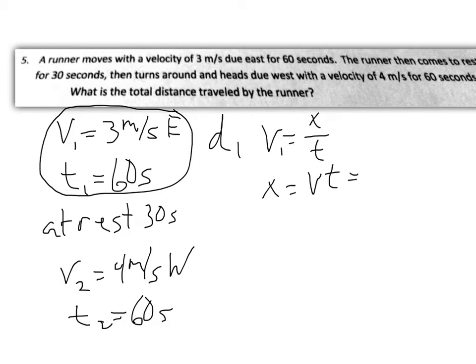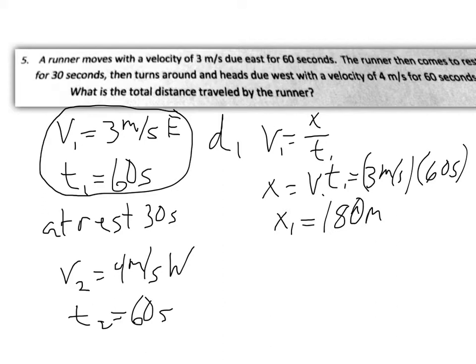So velocity is 3 meters per second. Time is 60 seconds. So the first distance is going to be 180 meters.